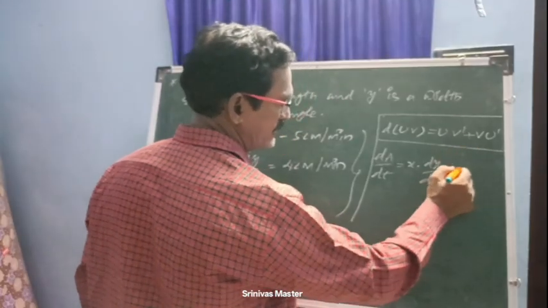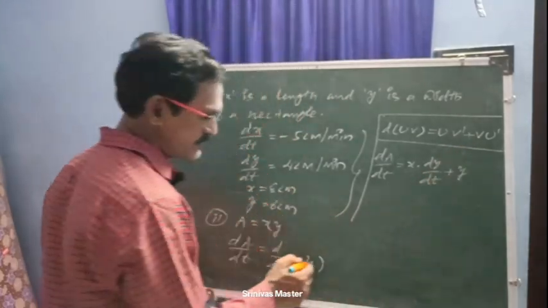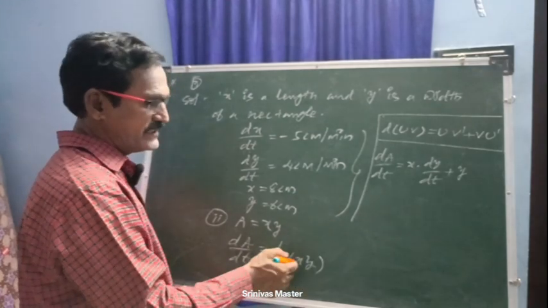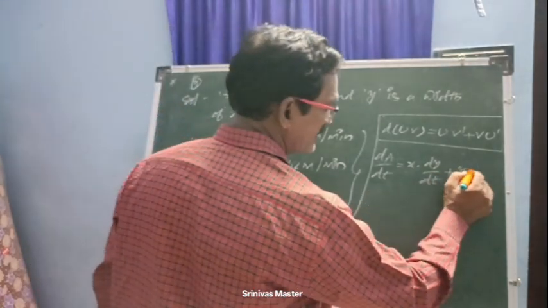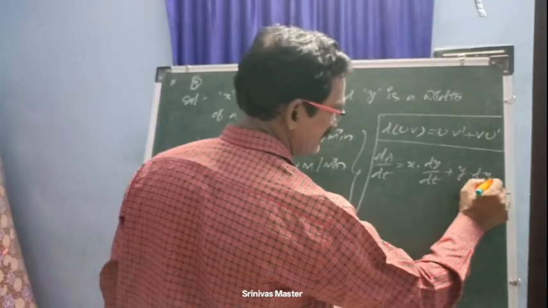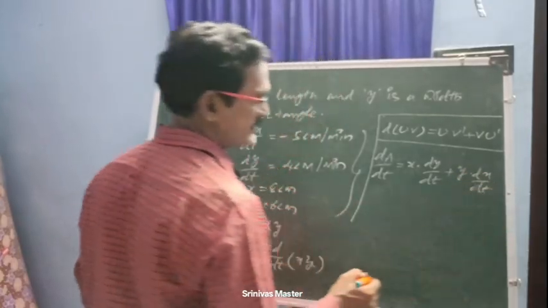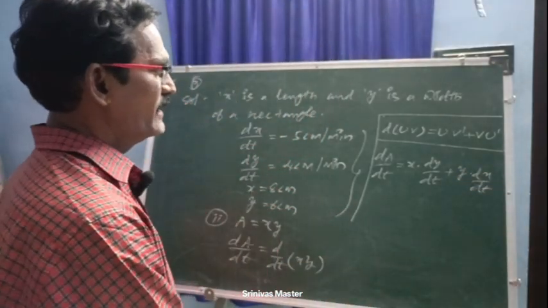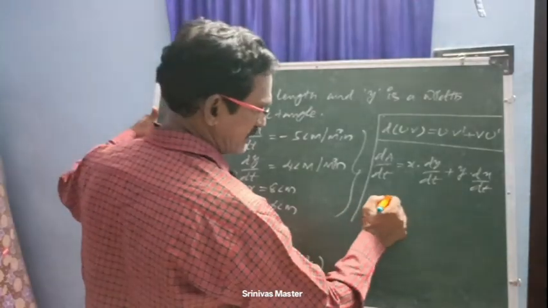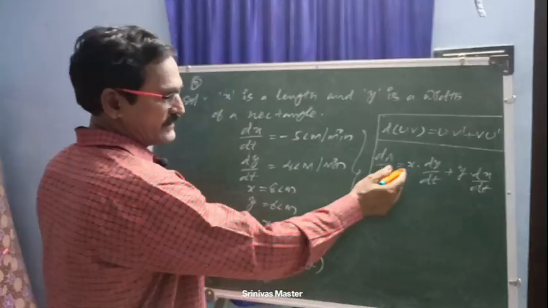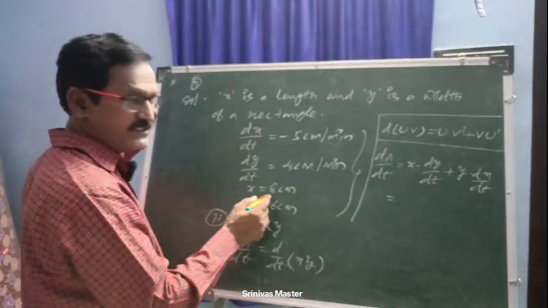plus vu dash. V means how much here? Y. U dash. What is u here? X. Derivative of x with respect to t, how much? dx by dt. See, children, be careful. According to this question, we can identify the values in the given question. X equal to, what is the x value, children? 8.